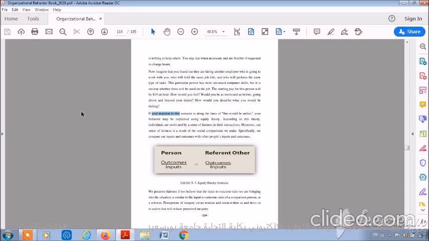Now imagine that you found out they are hiring another employee who is going to work with you. This person will hold the same job title and will perform the same type of tasks as you do. This particular person has more advanced computer skills, but it's unclear whether these will be used on the job or not.